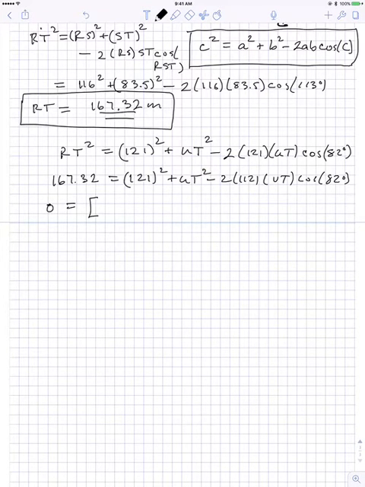So that would be 121 squared, minus the 167.